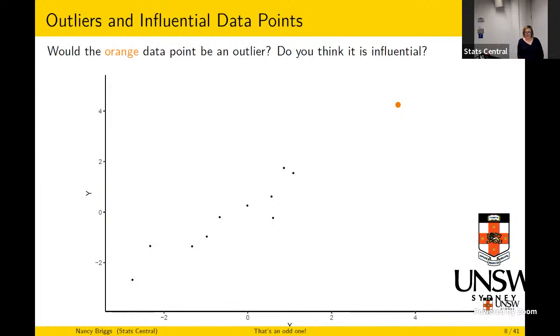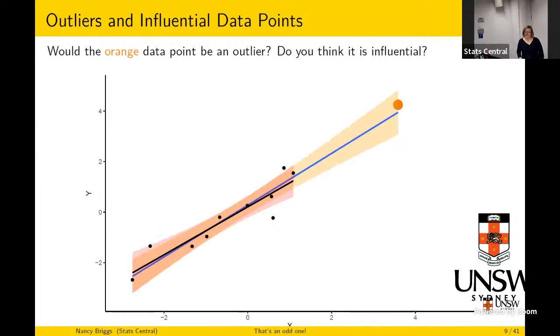So if we superimpose the original regression line and a new one, including that 11th data point, what you can see is that, yes, it is a data point that has an extreme X value and an extreme Y value. But the thing is that it doesn't really change the regression line or the variability around that estimate all that much.